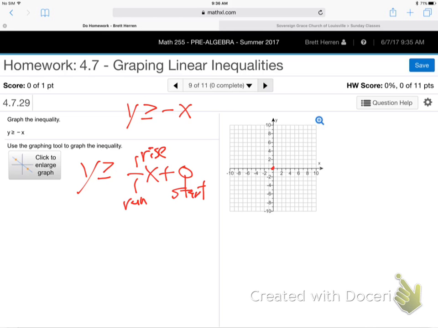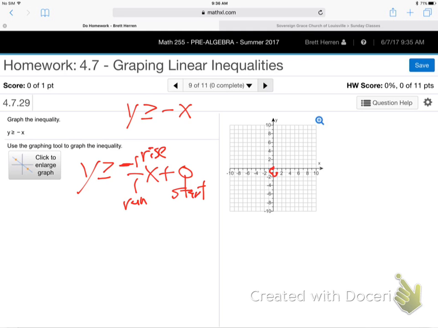It only goes on the top. Remember, a minus on the fraction, you only put it on the top. You always leave the bottom positive, because two negatives, to put it on both would be wrong. Two negatives is positive. That can't be right. So we just put the negative on the top. So that means you go down 1, over 1. There's your other dot.